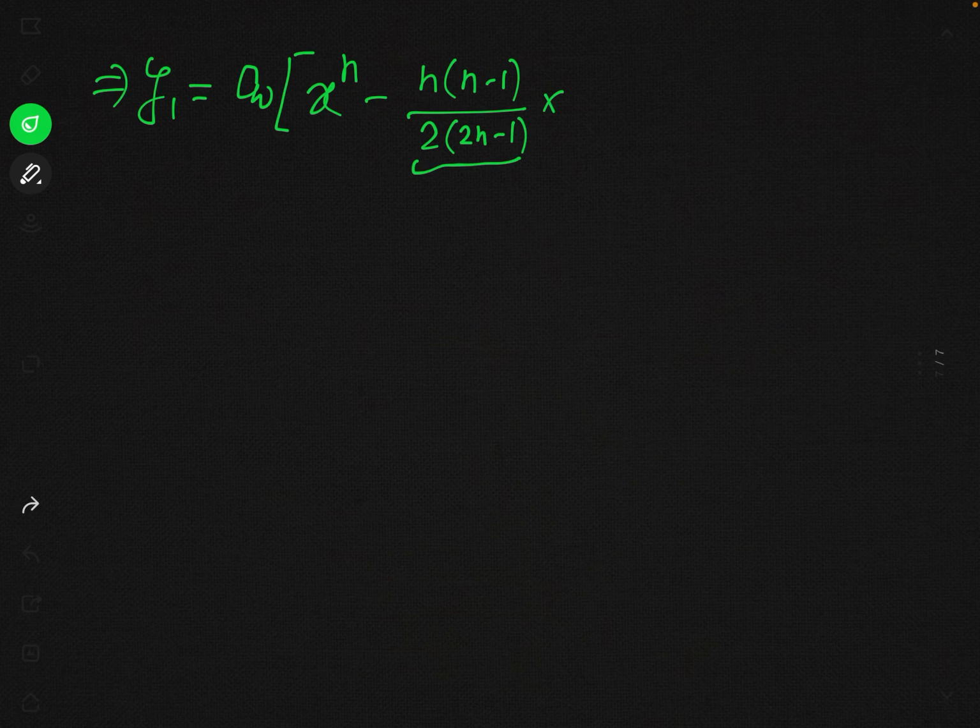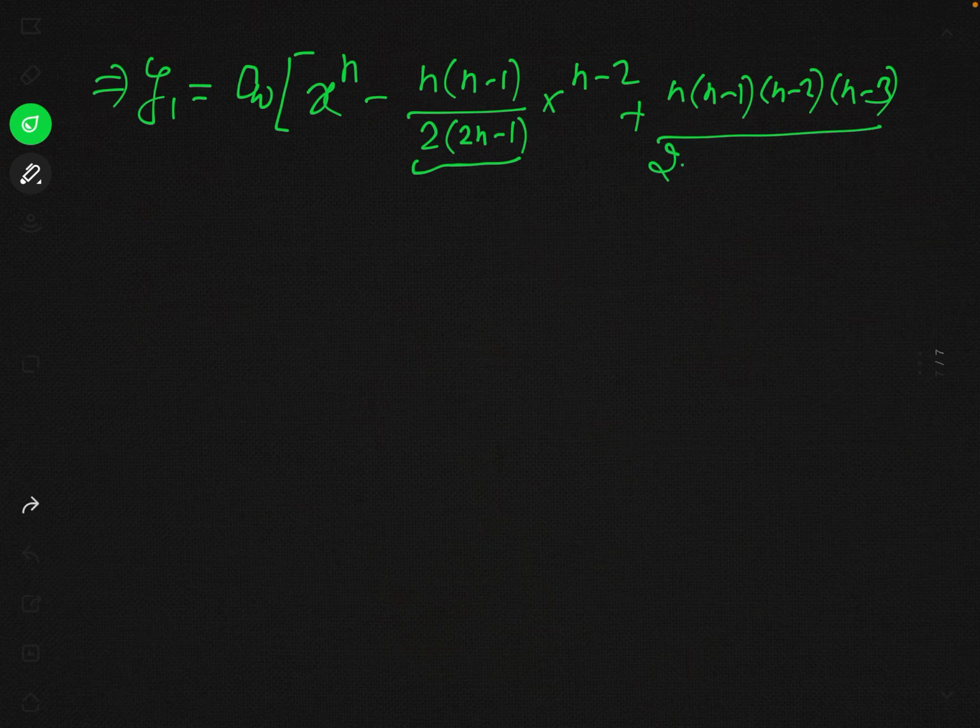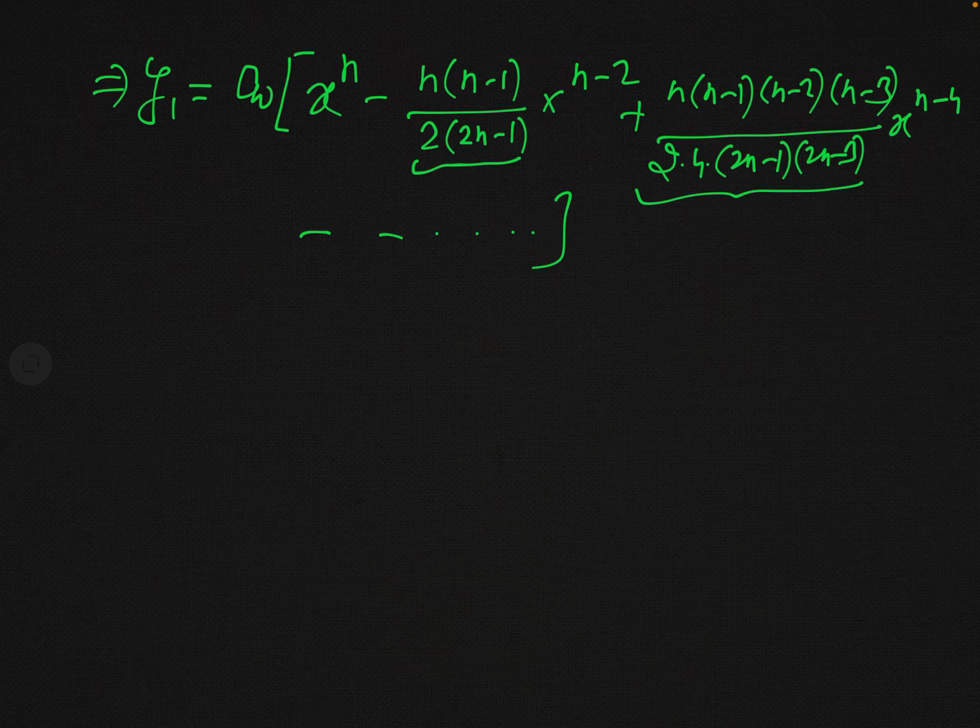You know this is actually the value of the coefficient a2, and x to the power minus 2, and here was n, so this is n minus 2, and plus n into n minus 1 into n minus 2 into n minus 3 over 2 into 4 into 2n minus 1 into 2n minus 3 into x to the power minus 4, और x to the power n से मल्टीप्लाई होगा तो x to the power n minus 4 and minus so on.